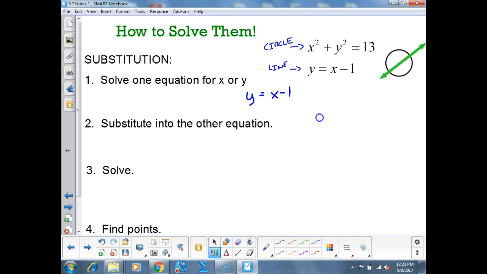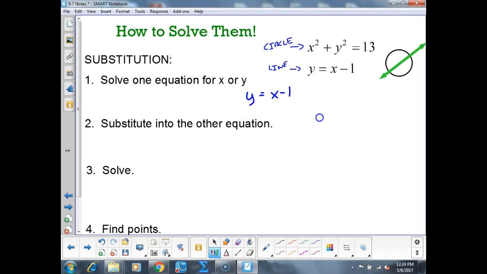Now, what we're going to do with that is put x minus 1 into y in the other equation.